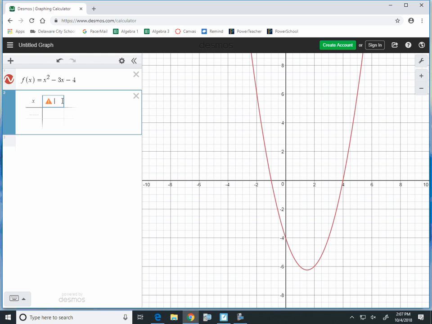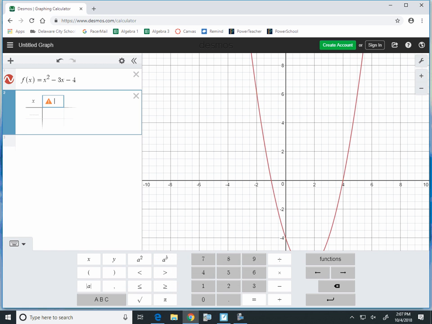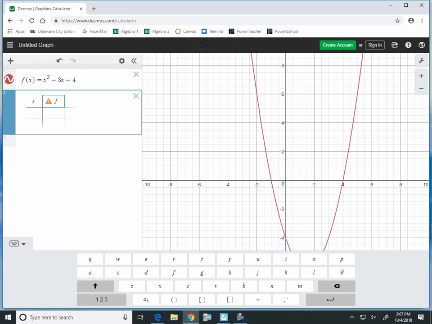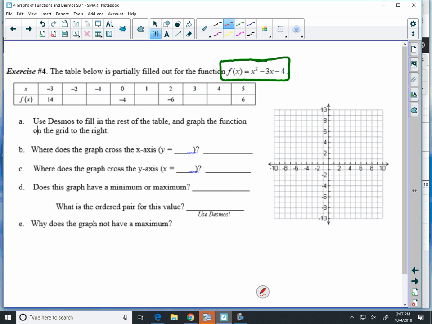How have we written Y this time? Instead of having Y, we have f of x. So go ahead and put f of x in there. That's what it should look like. Now, taking a look at your table on your notes. Our first x value is -3.